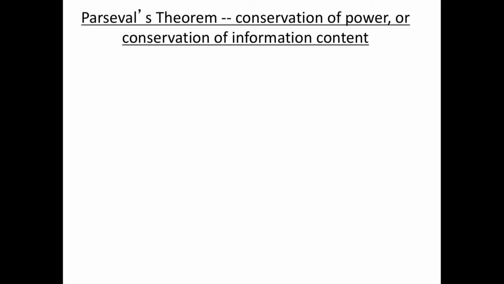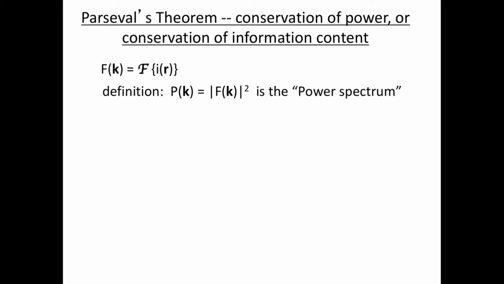So one theorem that I wanted to tell you about is kind of a conservation of power, or conservation of information content. That's sort of implied in the completeness of the representation. So there's a quantity which is always the same in both spaces. So I showed you this here, and by definition, the absolute squared of the Fourier transform is the power spectrum.